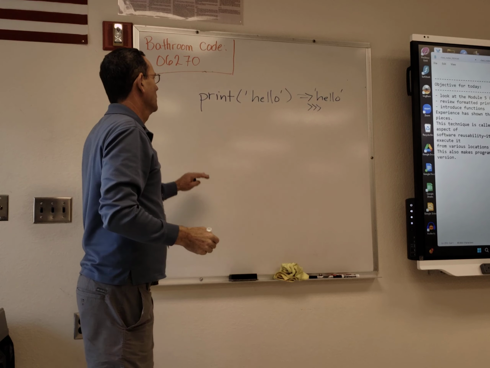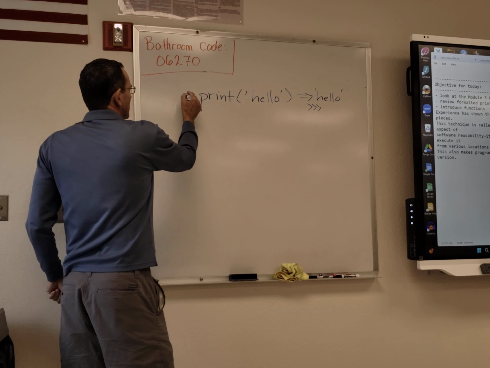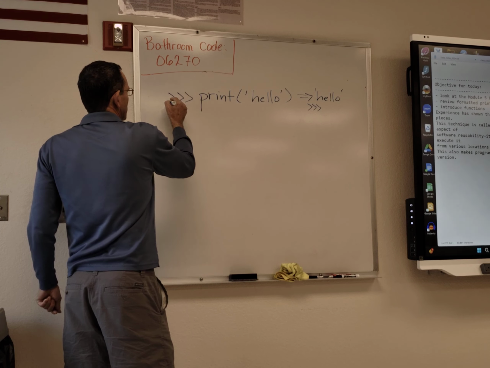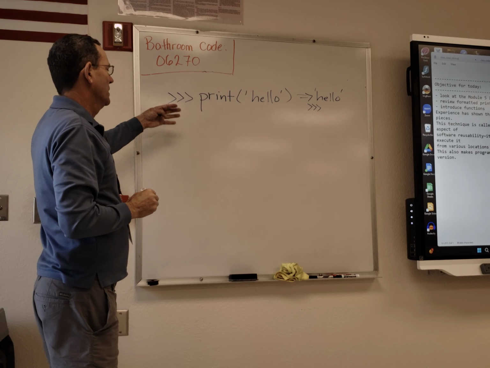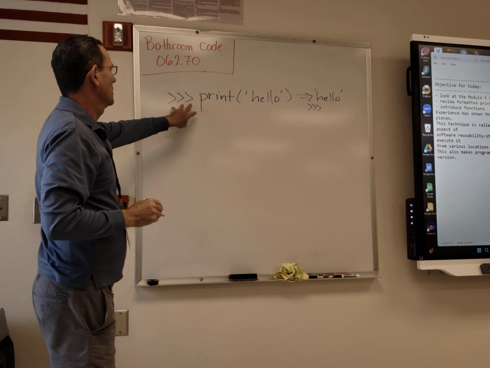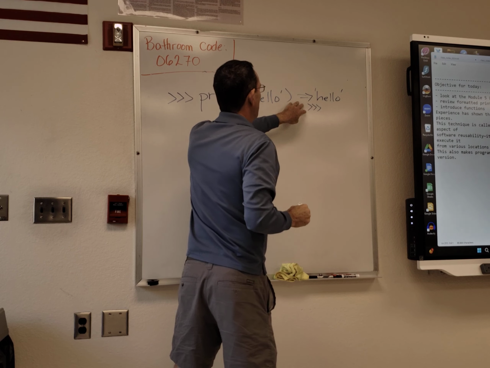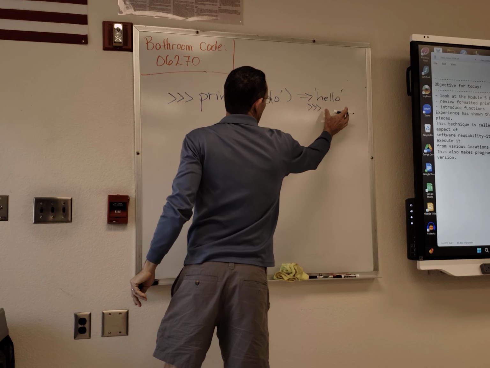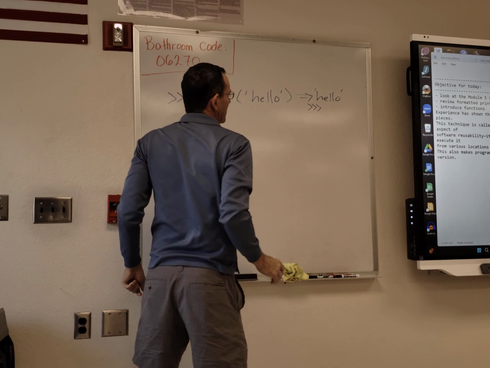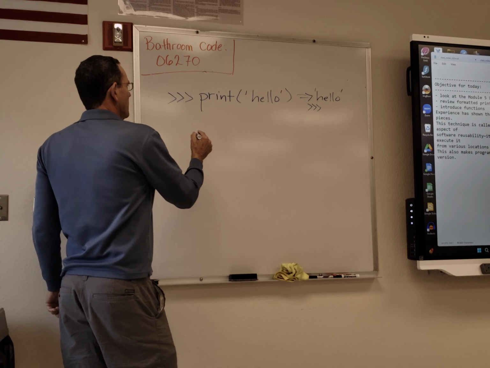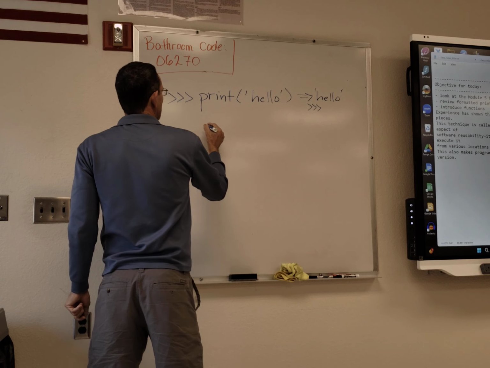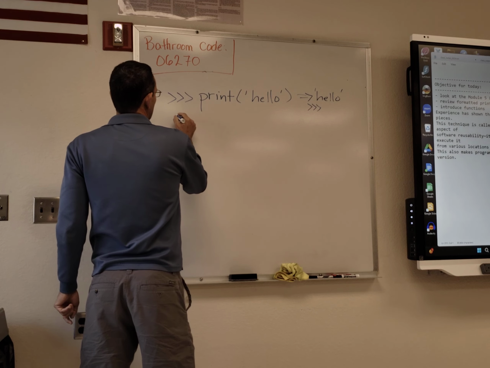If you type this into your terminal, after you already invoked Python, this is the interactive terminal. You would just print out hello, and then the cursor would be waiting for your next input. So how do we print a formatted string, and why do we even do that?